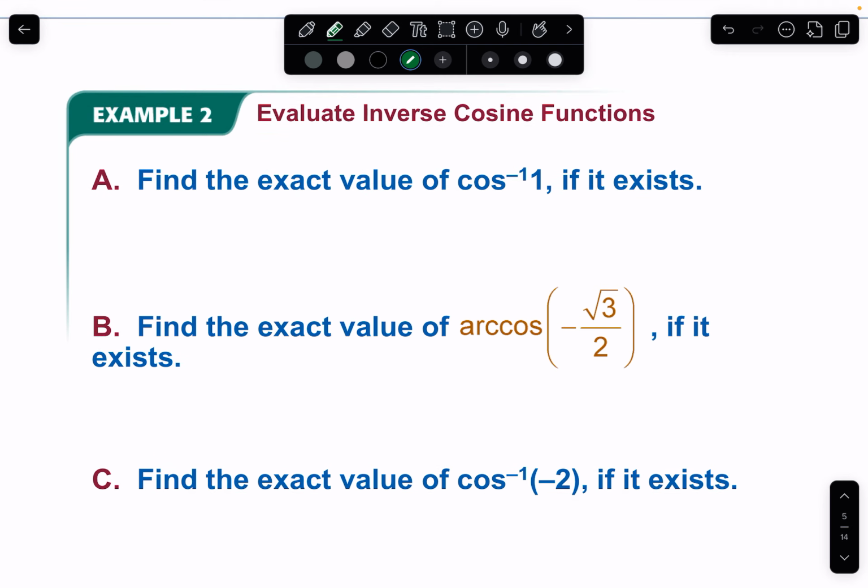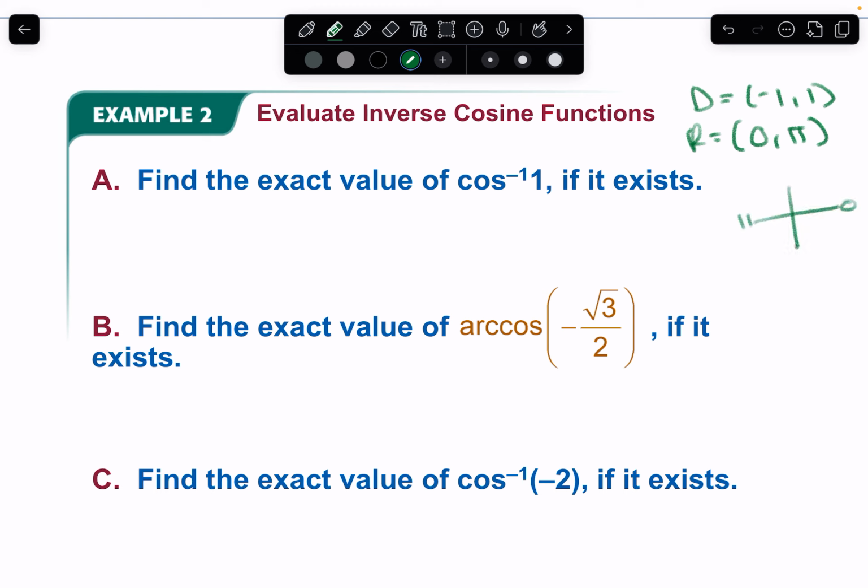Then looking at inverse cosine functions, you're really doing the same process. Your domain is also -1 to +1, and then the range that you're looking at is 0 to pi. So now 0 is here, pi is here.